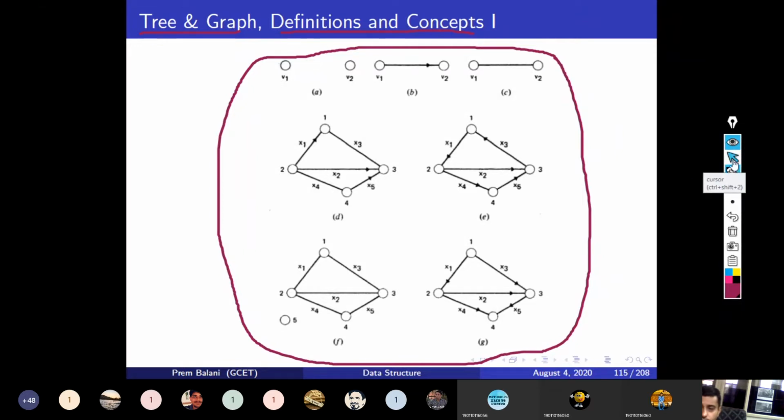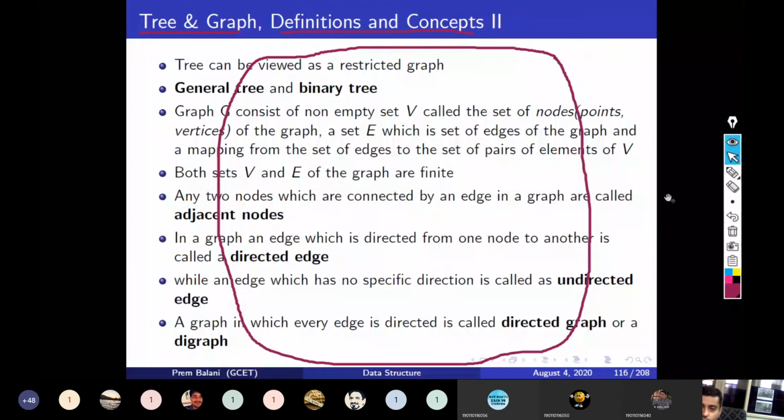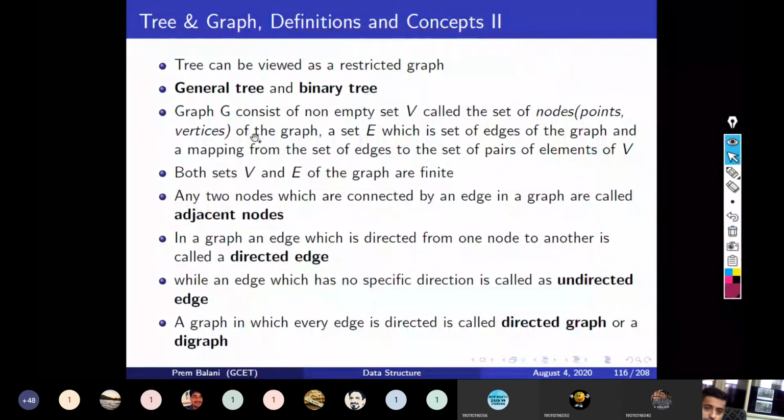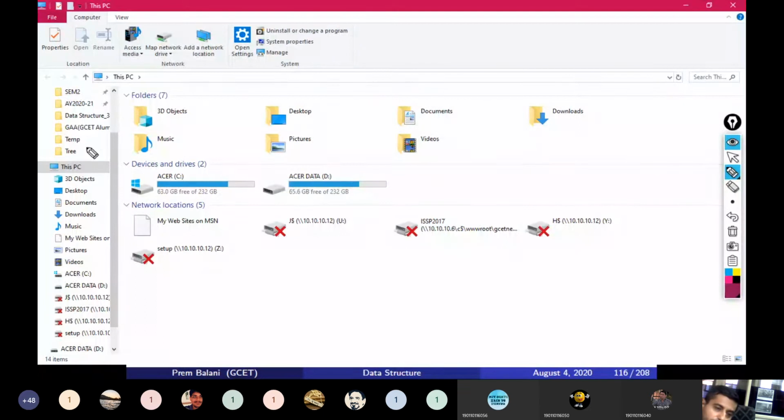so let me now start. In this there are lots of definitions. We will go through definitions one by one, and let me open this image of graphs.